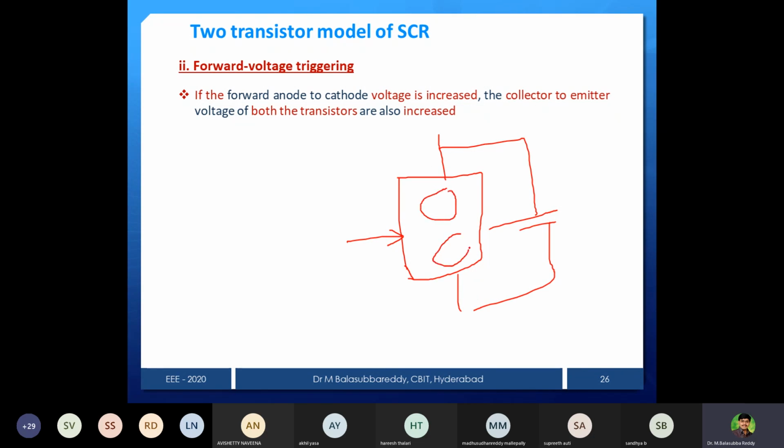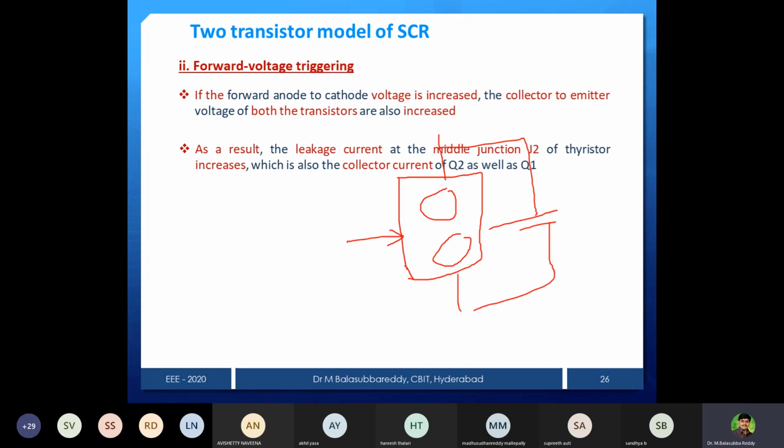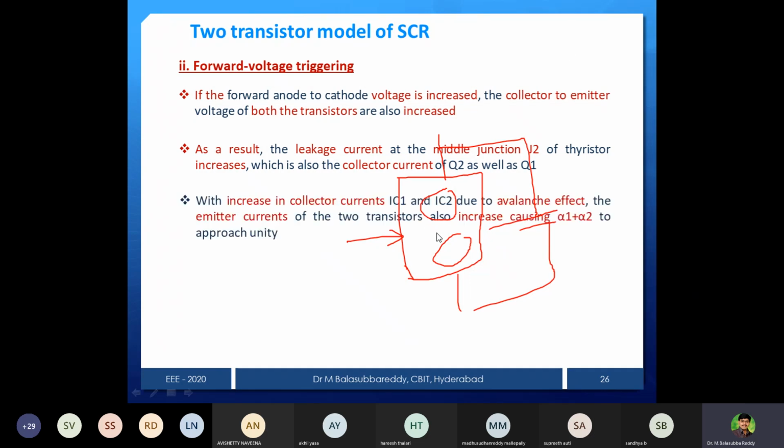There is a transistor 1 and transistor 2. These two will be coupled, no? So once you give the voltage across the anode and cathode, the collector to emitter voltage of both transistors is going to increase. That results in leakage current at the middle junction. I showed, no, in between there is a junction J2.